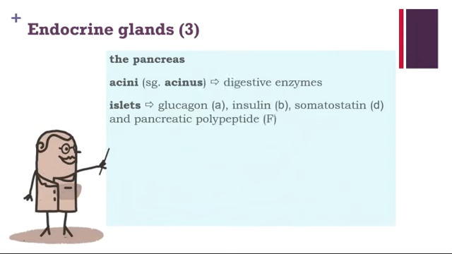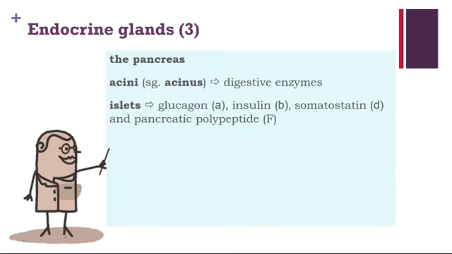The pancreas is both an endocrine and an exocrine gland. 99% of the cells are arranged in clusters called acini. These cells produce digestive enzymes. Scattered among exocrine acini are 1 to 2 million tiny groups of endocrine tissue called pancreatic islets or islets of Langerhans.